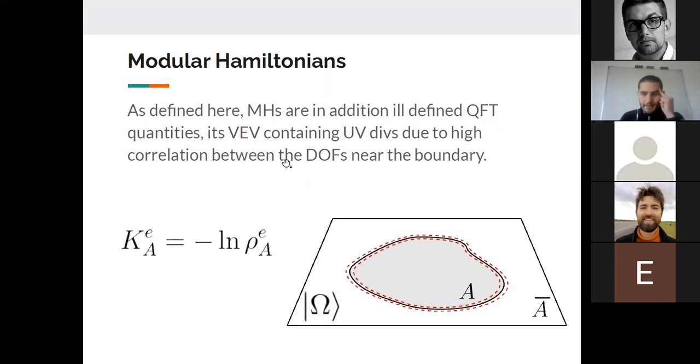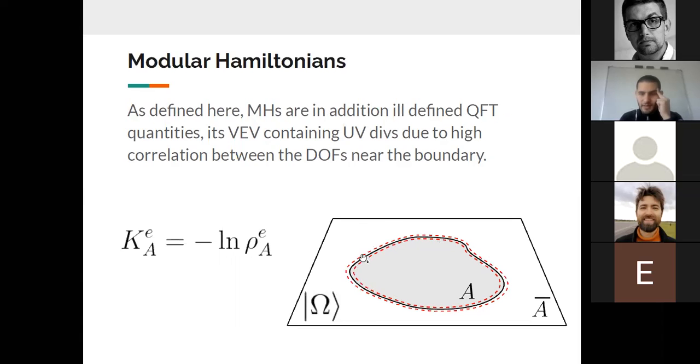So as we have defined this object up until now, it is quite ill-defined in the sense that when you compute the expectation value of this object, which will be the entanglement entropy of the region A, you will get divergences that go with the area of this region.